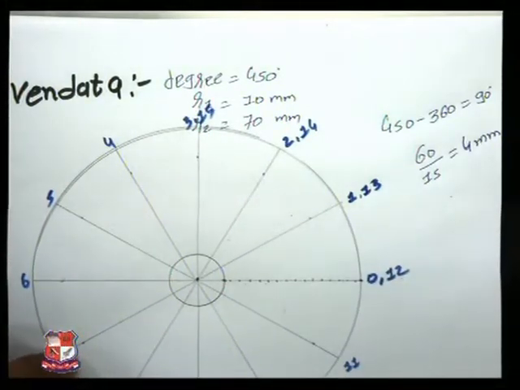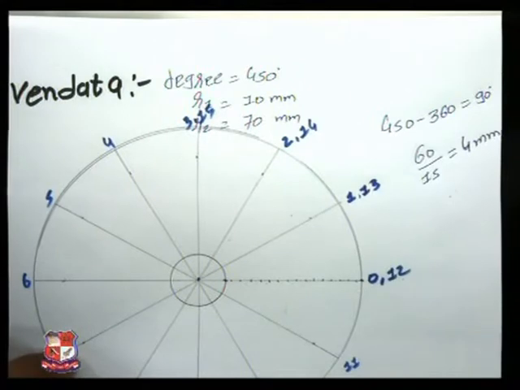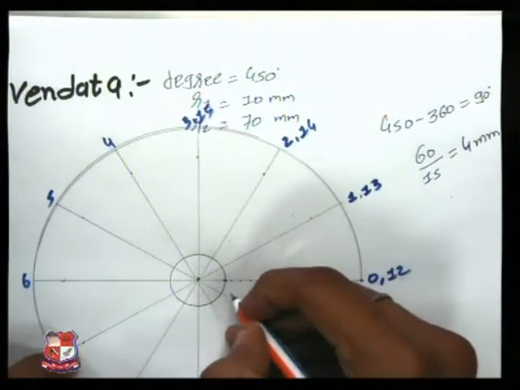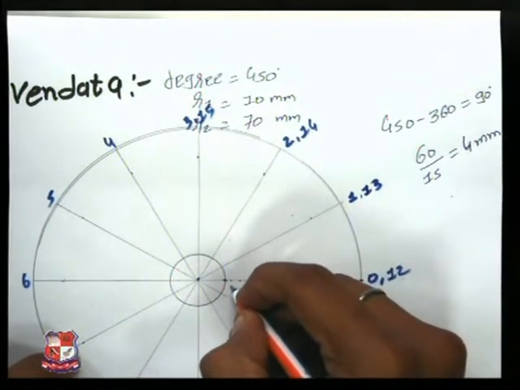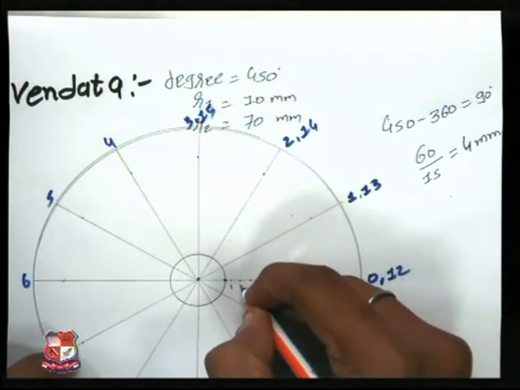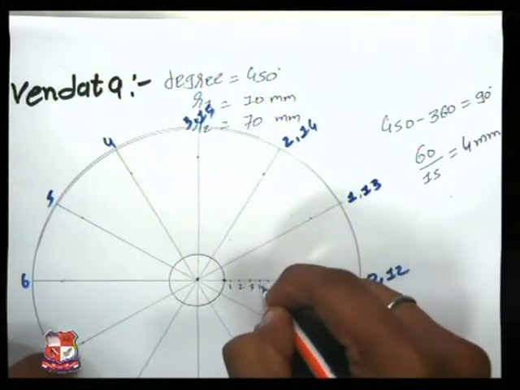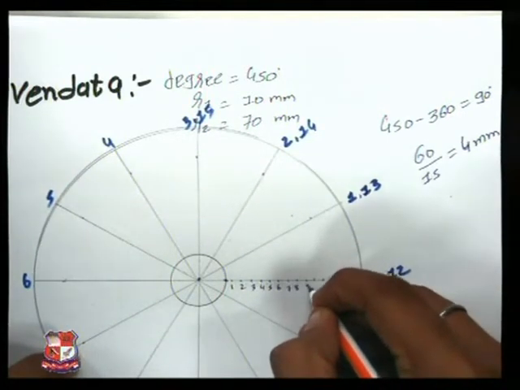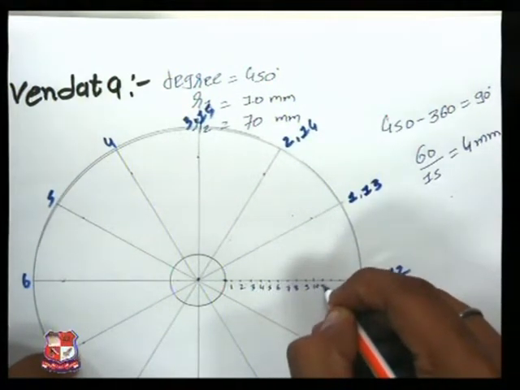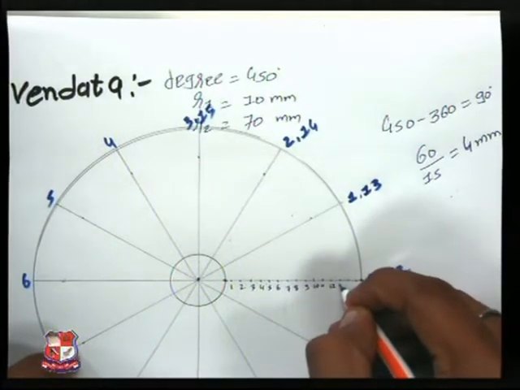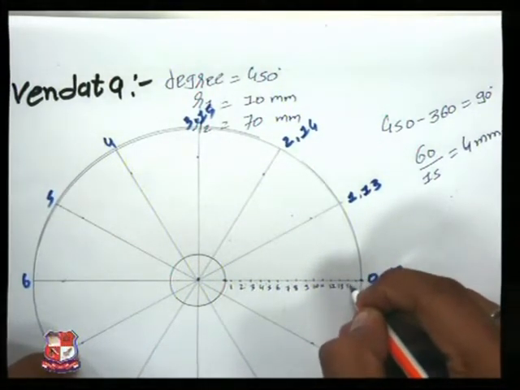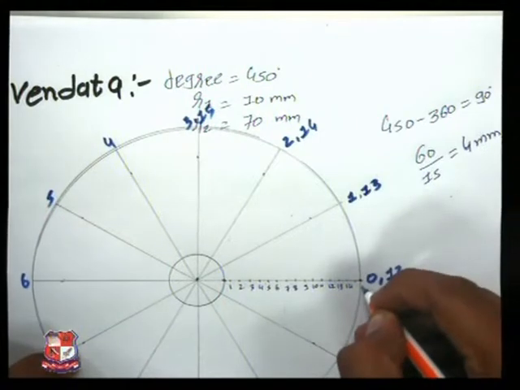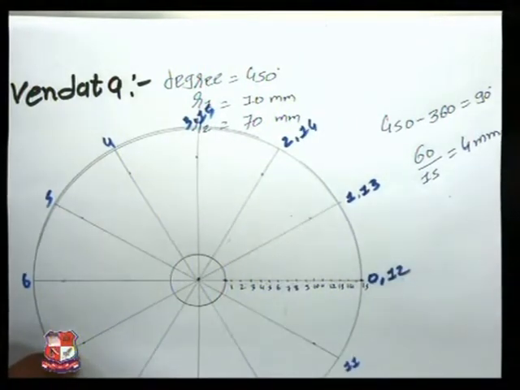Now we have got the points. Let's name them. 1, 2, 3, 4, 5, 6, 7, 8, 9, 10, 11, 12, 13, 14 and the outer portion would be 15.